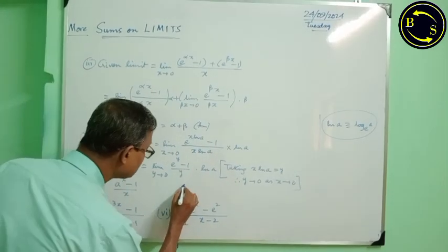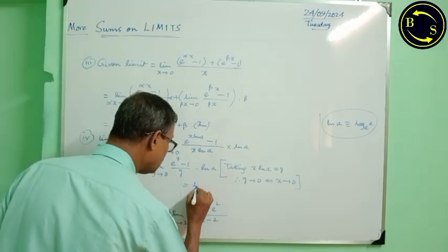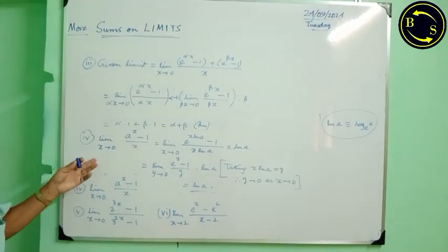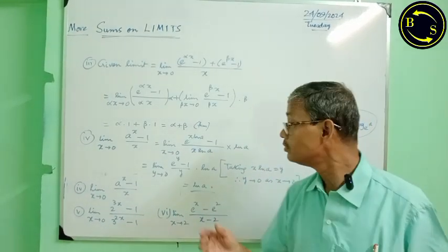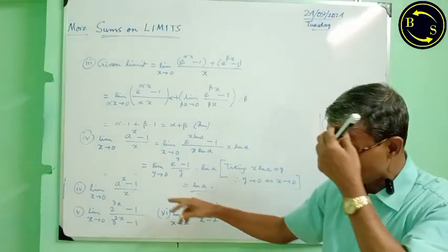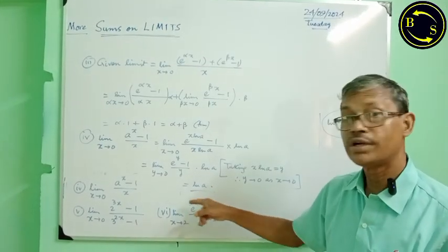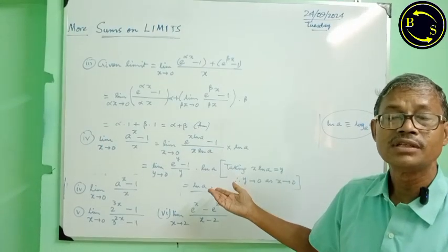Therefore, finally, this is standard limit 1 into log a. Therefore, limit x tends to 0, a to the power x minus 1 divided by x equal to log of a to the base e, or written in this form log a. This is also treated as standard limit.